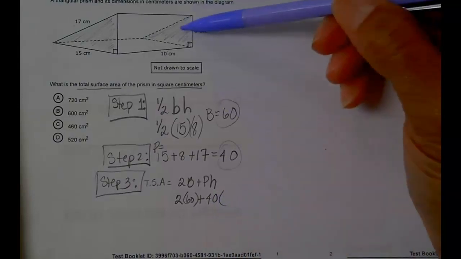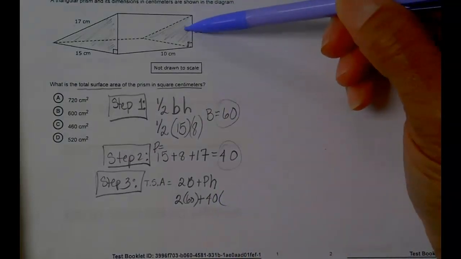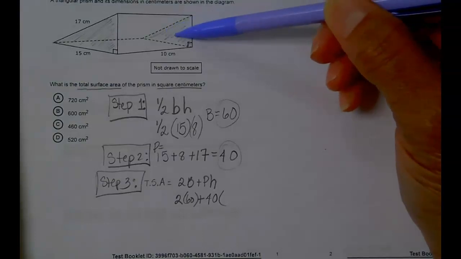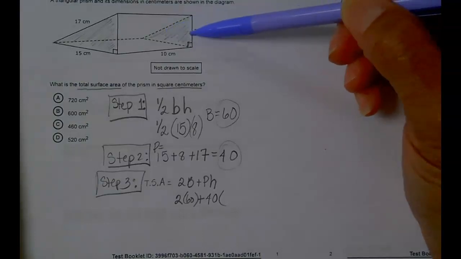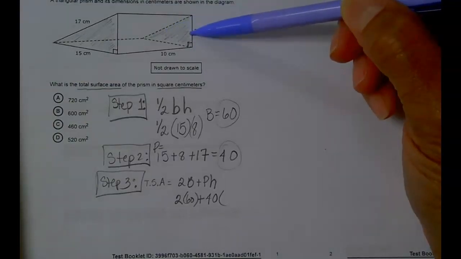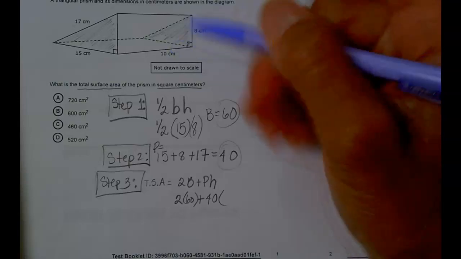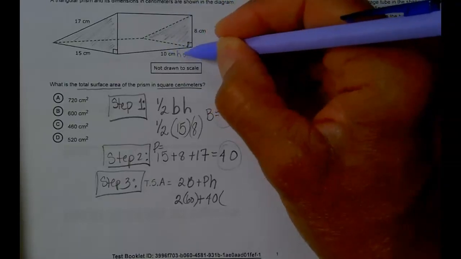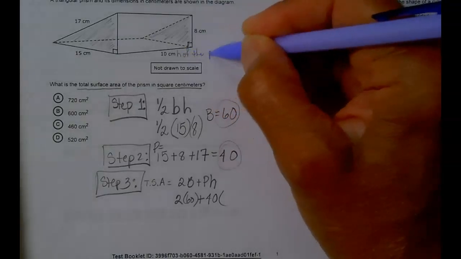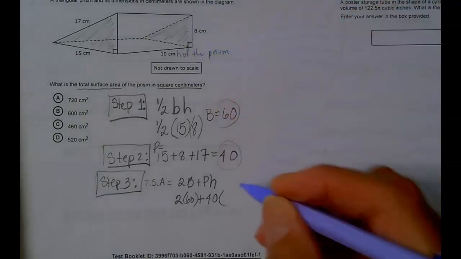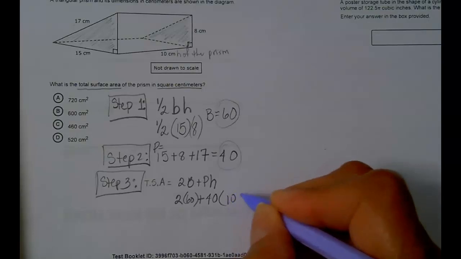Now if I stand this prism up on one of the bases, the entire height, this is the height of the prism. So the height of the prism is 10.